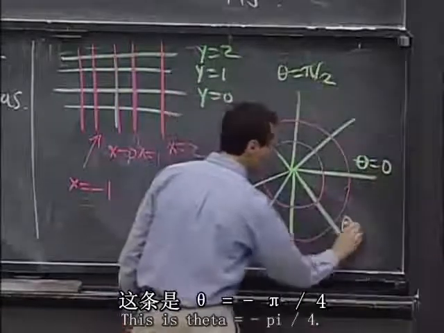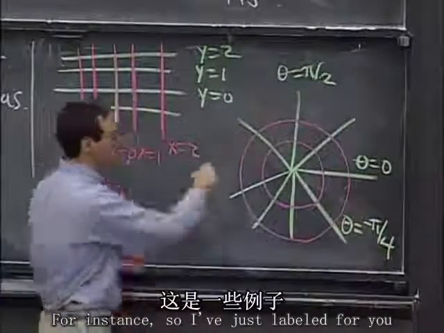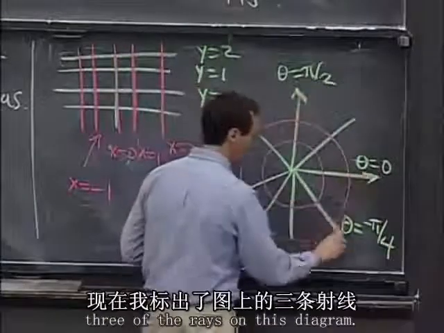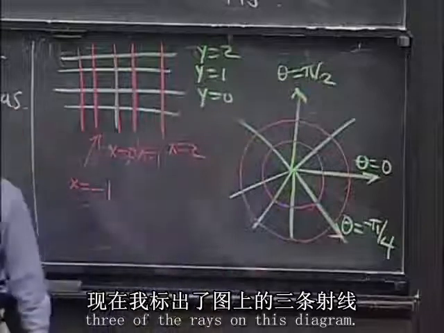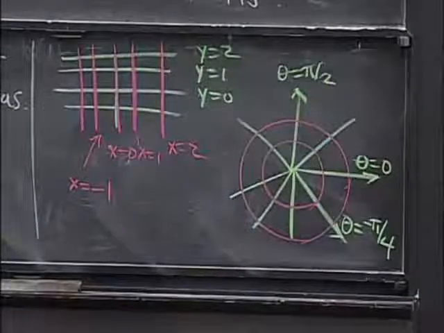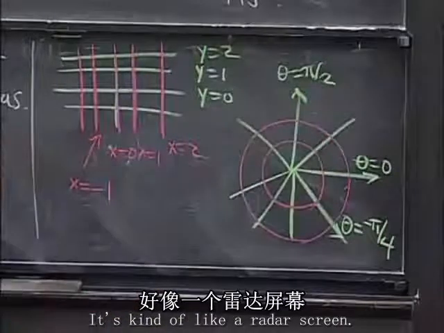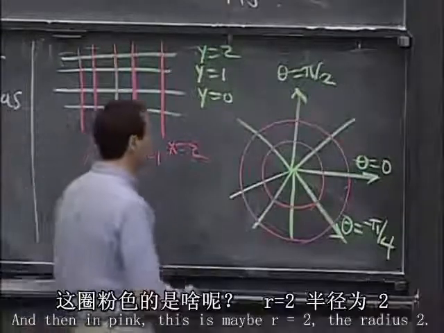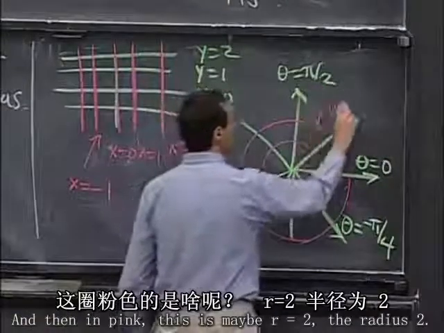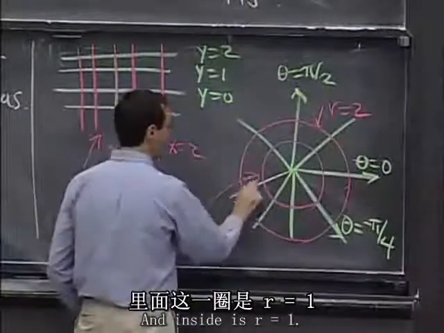This is theta equals negative pi over 4, for instance. So I've just labeled for you three of the rays on this diagram. It's kind of like a radar screen. And then in pink, this is maybe r equals 2, the radius 2. And inside is r equals 1.